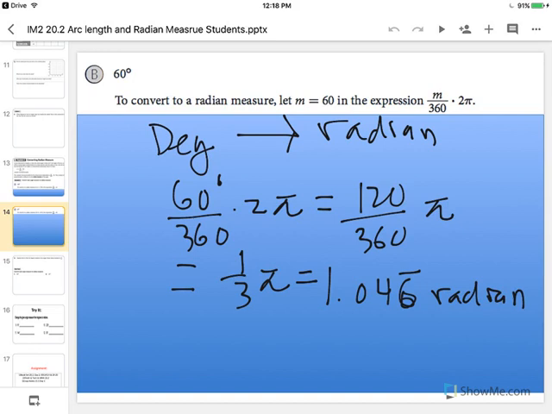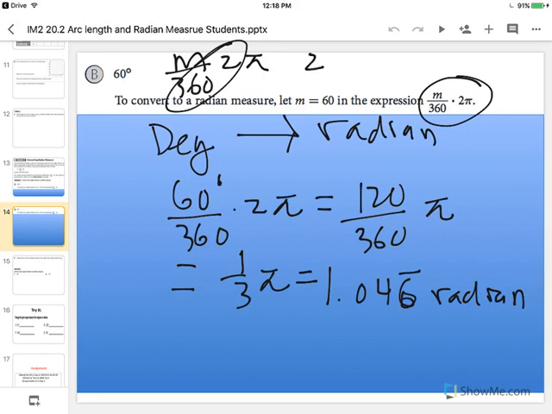Right. So let's shorten this formula. Right. So let's look at this part. So we have m over 360 times 2 pi. Well, this can be reduced. It's the same as 2 over 360, so reduced to 1 over 180. Right?